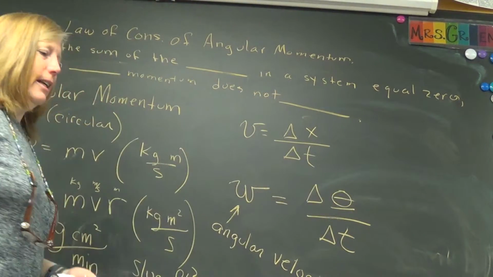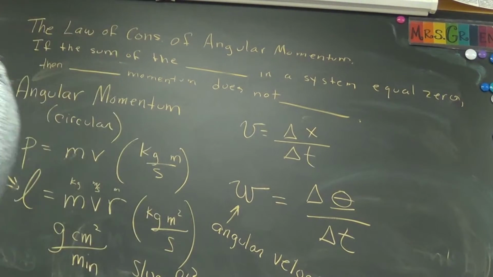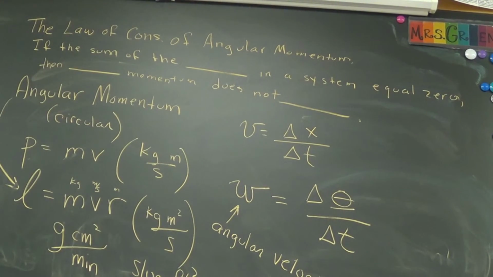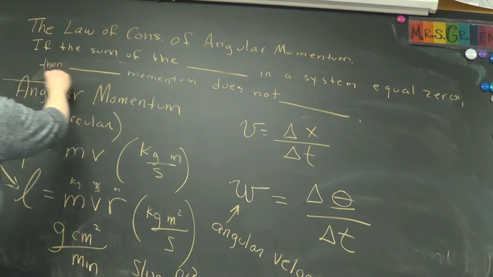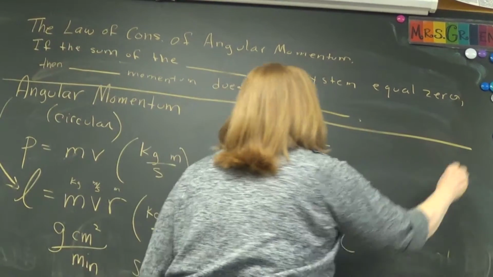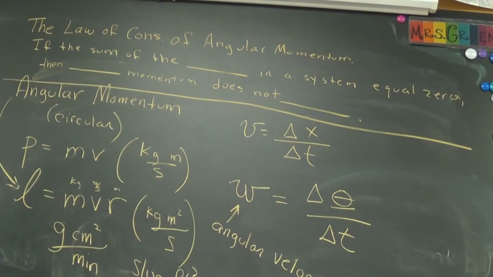Alright, fill it in, and if you know what goes in the blanks, you can fill it in as you write that down. So this is the law of conservation of angular momentum, and it's going to parallel the old law that we already studied.